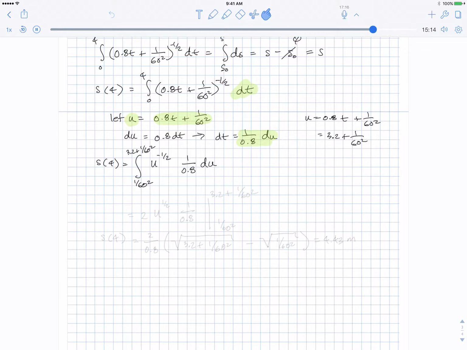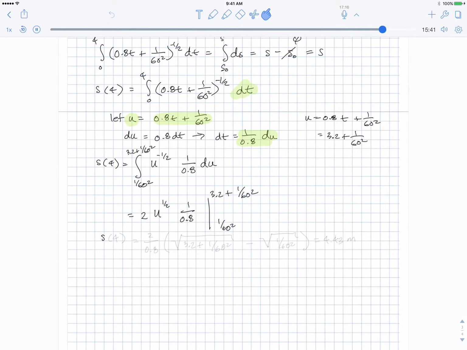Okay, so let's do that integral. The integral of u to the minus 1/2 is you add 1 to the exponent, right? So u to the 1/2, and then divide by 1/2, so it's 2. Okay? 1 over 0.8, all evaluated from 1 over 60 squared to 3.2 plus 1 over 60 squared.